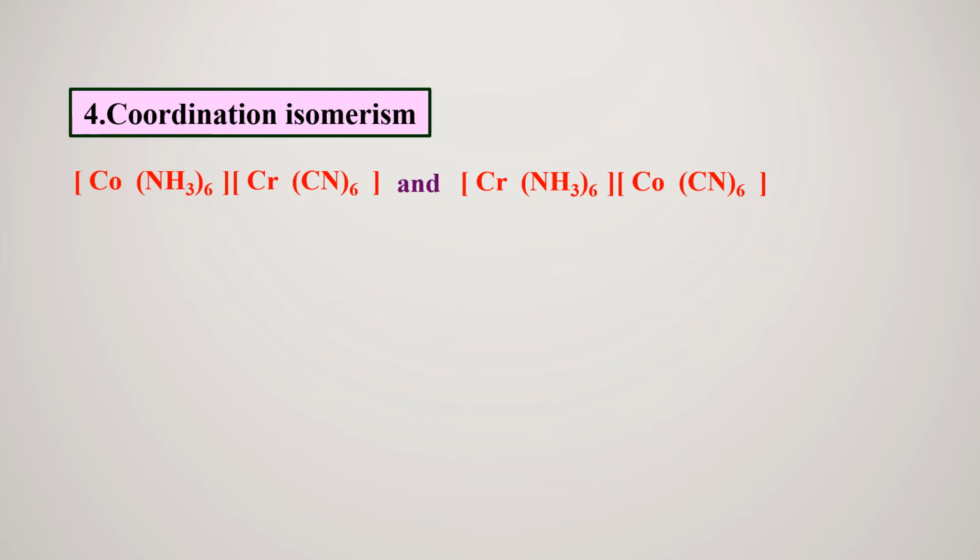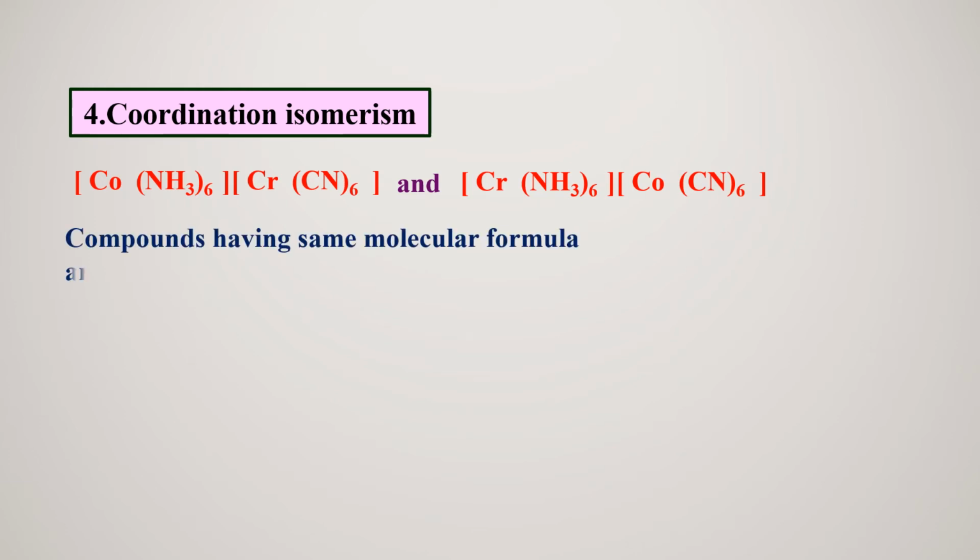Both together we consider as one coordination compound because one acts as a cation and one as an anion. When such coordination compounds are present, coordination isomerism arises.